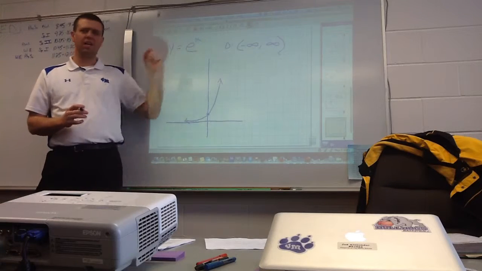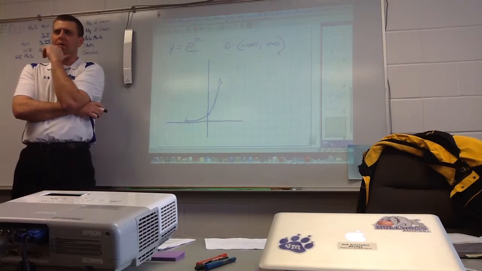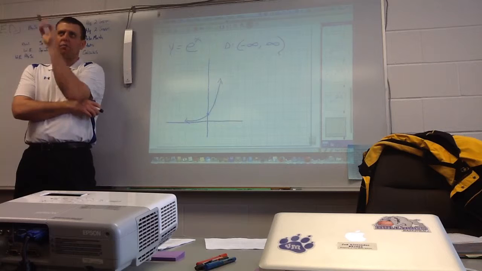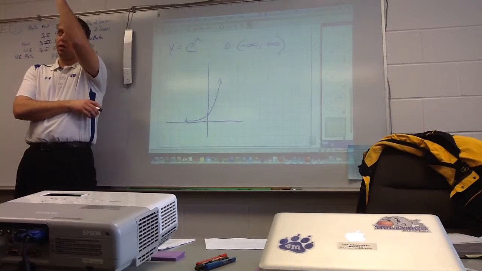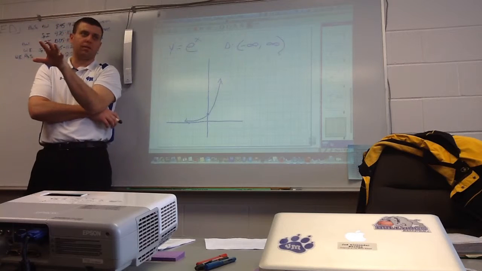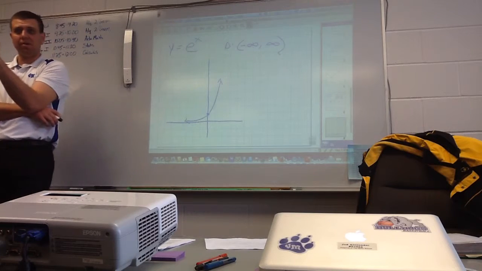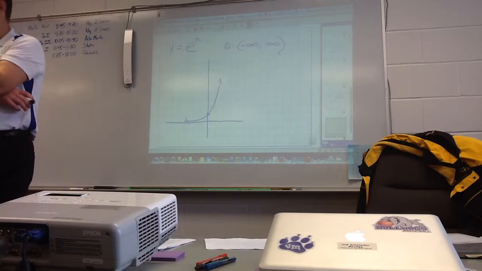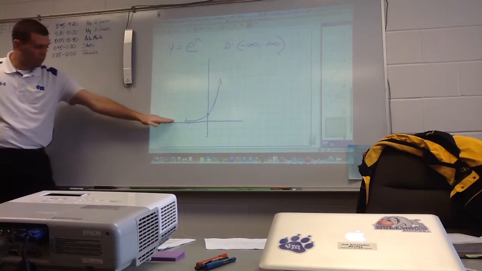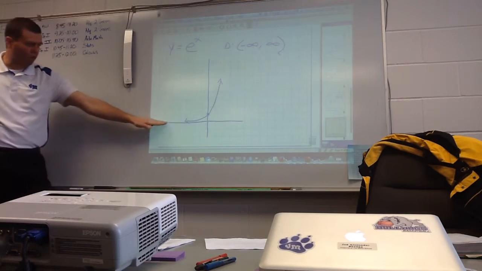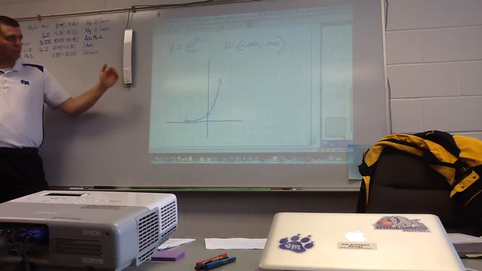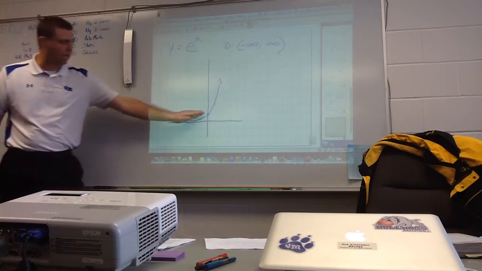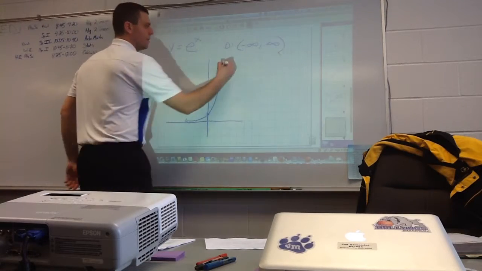If you take e to a negative 1,000 power, that would be like 1 over e to the 1,000 power. So really you have 1 over this ginormous number. That's a tiny number, but it's still bigger than 0. On your calculator, it would eventually give you 0, but officially it is not. So that's why we will do a parenthesis 0, comma, and it goes up forever. Okay?